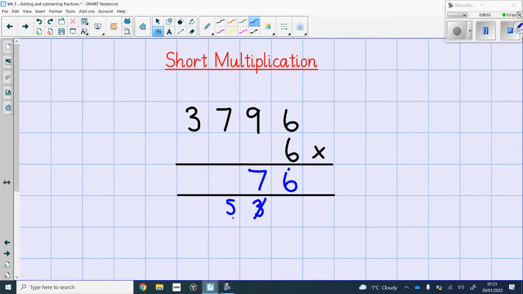So now we have to do 7 multiplied by 6, which gives us 42. Add on the 5, 47, so we're going to put in our 7 and carry the 4. And lastly, our thousands. So 3 multiplied by 6, which is 18, add on the 4, gives us 22. And therefore, we end up with an answer of 22,776.